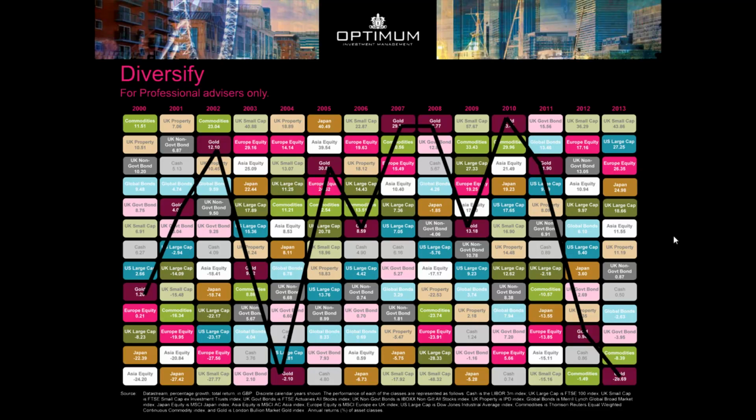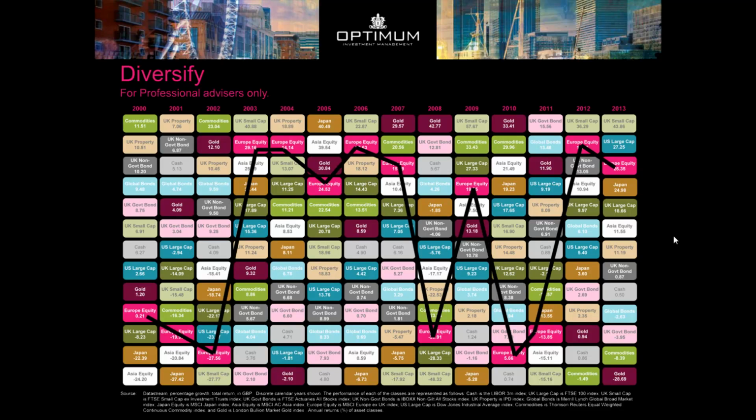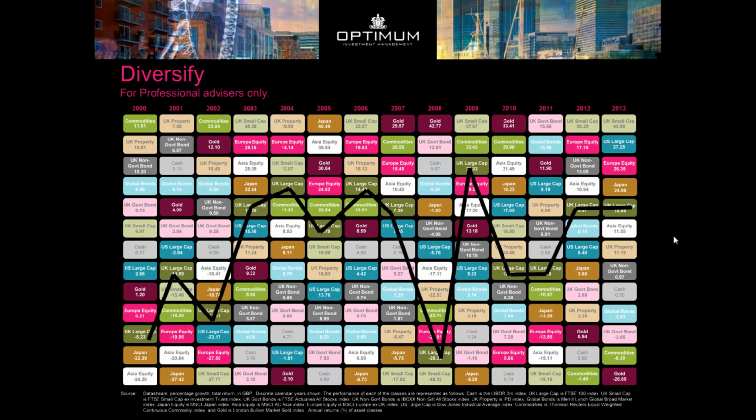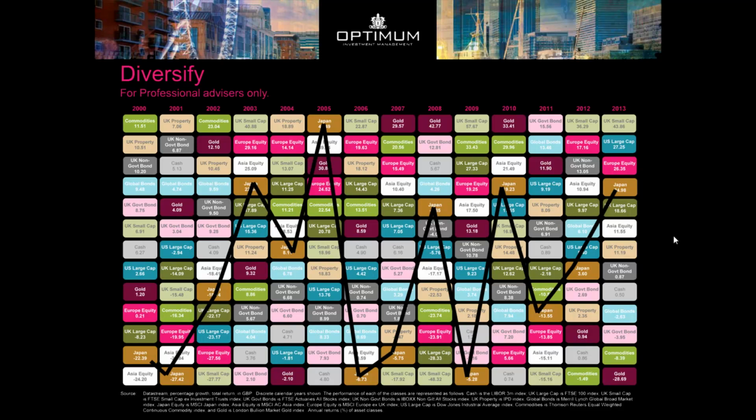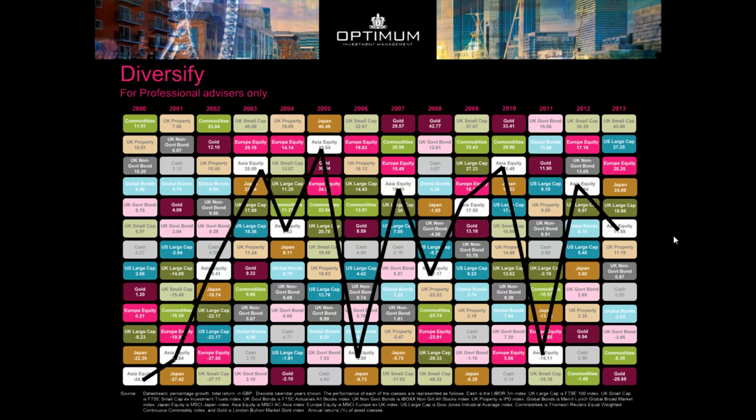So as you can see, even the old favourite gold can take a plummet now and again, also take a big rise as well. European equities, UK large caps, Japanese equities, and finally Asian equities. Now, the point I'm trying to make here is that no single asset is constantly at the top of the tree.